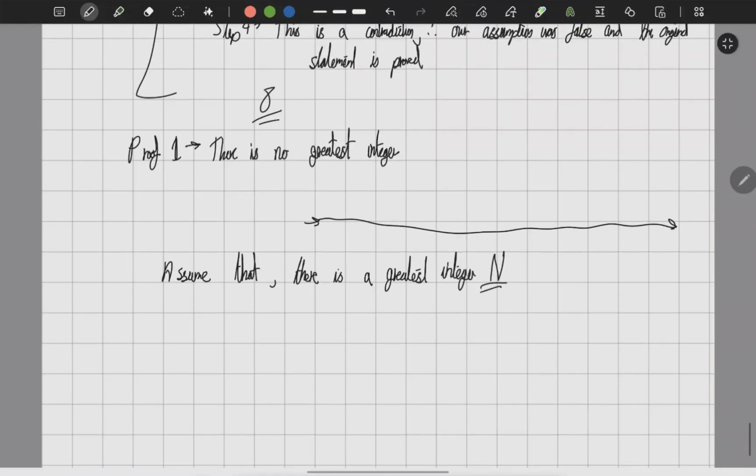So how do you prove that this isn't the biggest number? Well, we can just simply say, consider n plus 1.